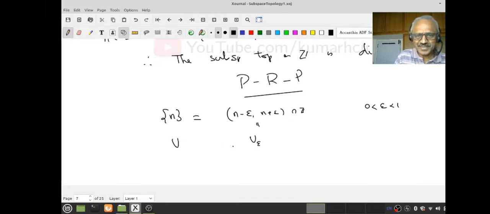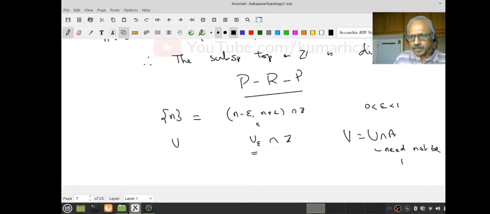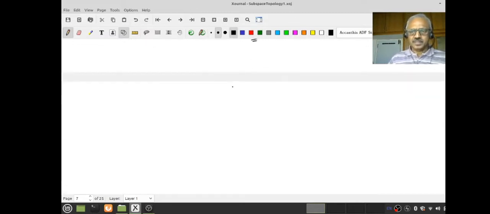If you call this V, this is U epsilon intersection Z, and this U epsilon keeps varying. The same set V can be obtained as U intersection A with different U's. That's what I am proving. Have you understood? So when I write V equal to U intersection A, this U need not be unique. Keep all these things, okay?